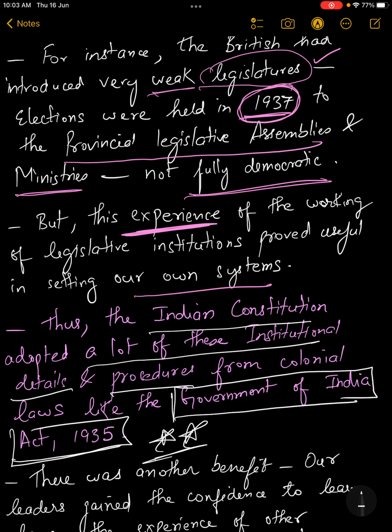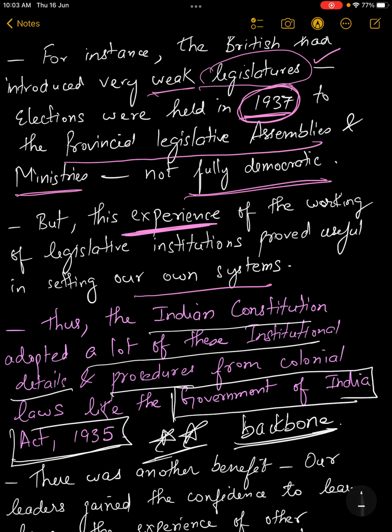Government of India Act 1935 is often called the backbone of the Indian Constitution, because काफी कुछ provisions जो Government of India Act 1935 में थे, we have adopted into our very own Indian Constitution as well.